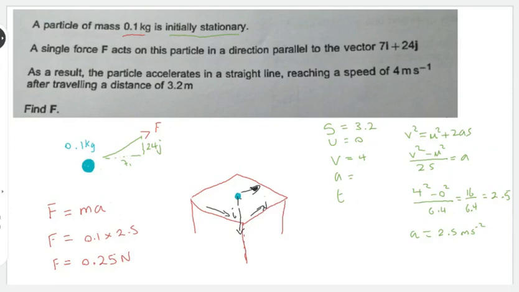There's got to be another part. No, we didn't get the second part. The only other thing I can think of is that they want us to work out the actual vector of F. I have the mark scheme. Ah, okay.